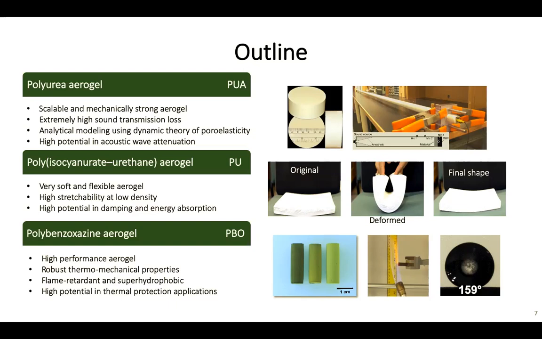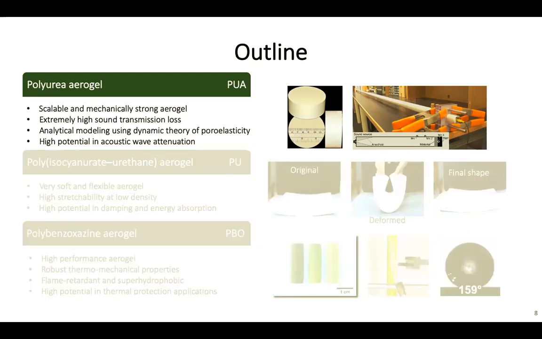In the second part, I'm going to talk about polyurethane aerogel, which is highly flexible, and so it can be an ideal case for energy damping applications. And the last is a high performance polymer aerogel, which is good for high temperature applications.